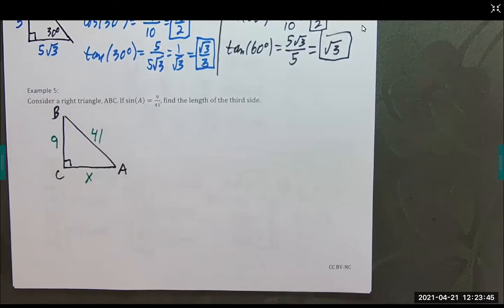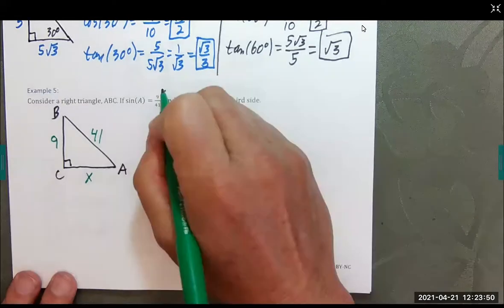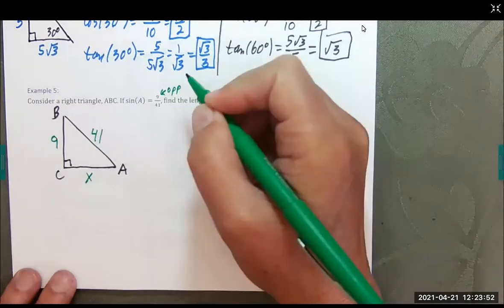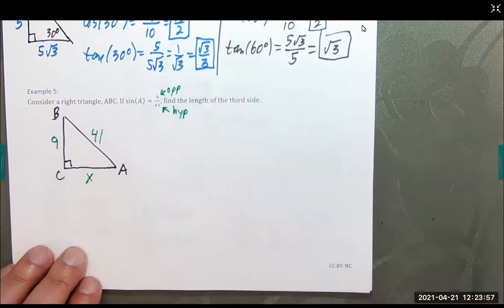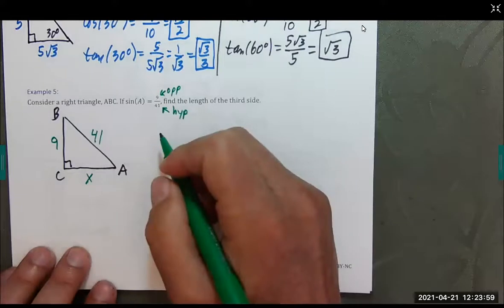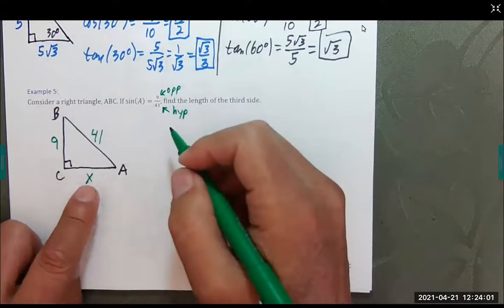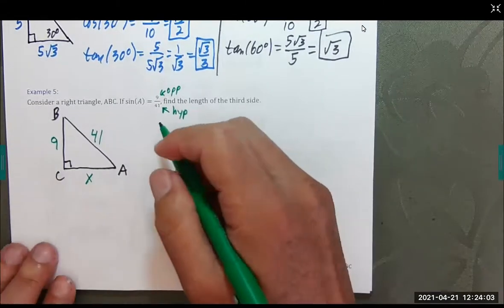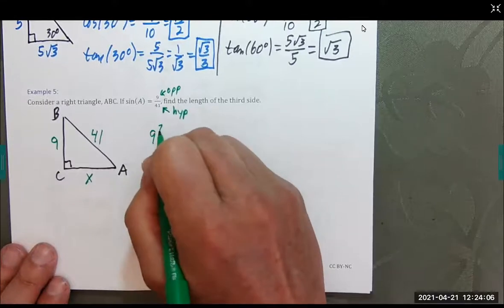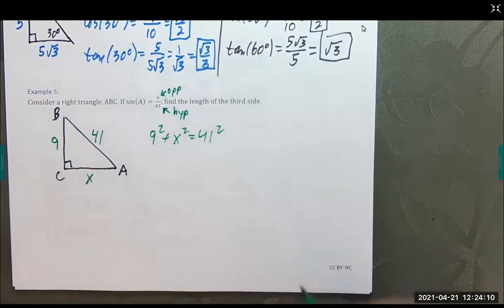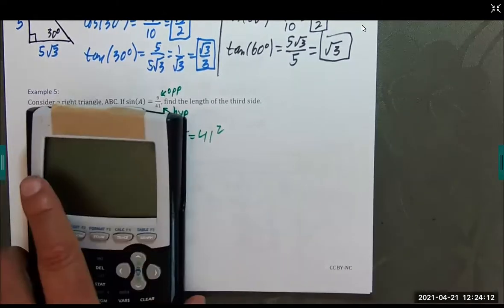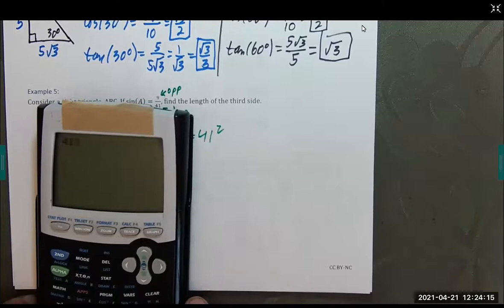Well, what I can use, and just to be clear, that is the opposite of A, that's the 9, and this is the hypotenuse. So let's use the Pythagorean theorem. Now, notice we're missing the length of a leg. So that's going to give me 9 squared plus x squared equals 41 squared. And I don't happen to know what 41 squared is off the top of my head. 41 squared is 1681.